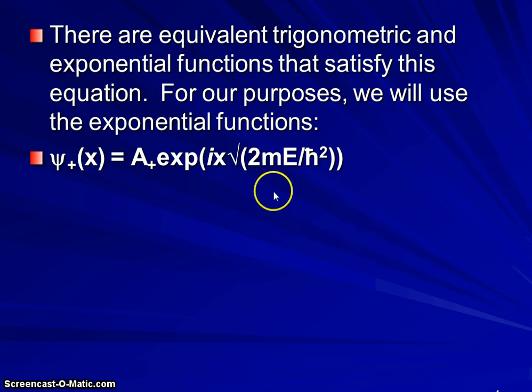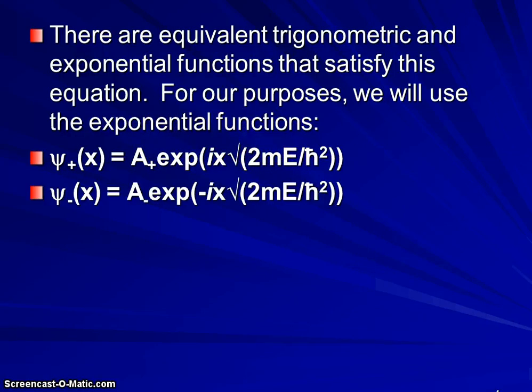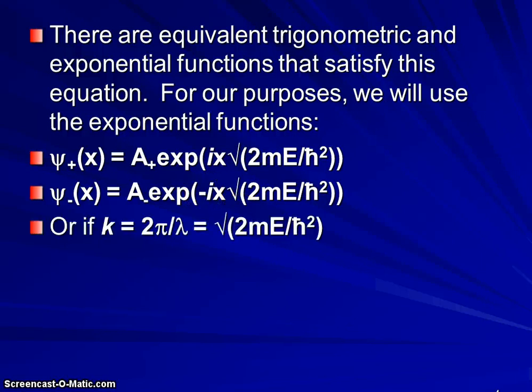If we take the second derivative of this particular exponential, we get exactly what was required on the previous slide. And that's also going to work if the exponent is negative i rather than i. So we take the second derivative and we get the original exponential times the square of the coefficient of x up here, this term we have under the square root, times i, or negative i.